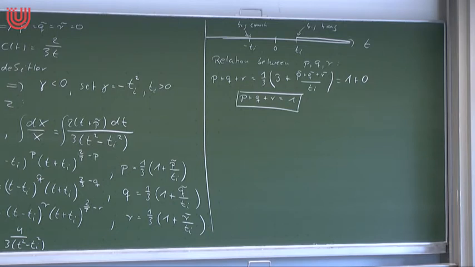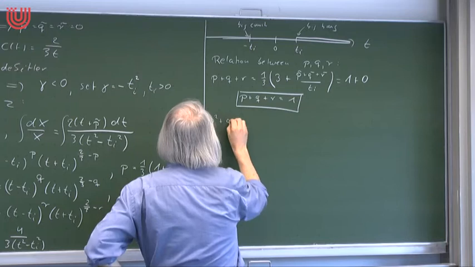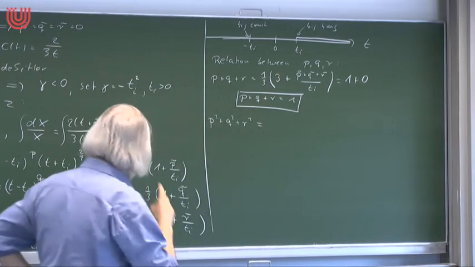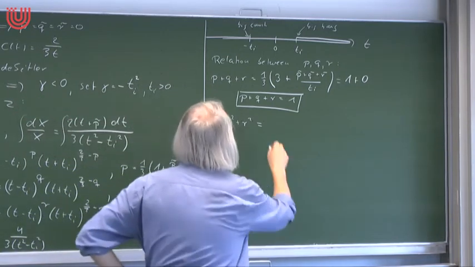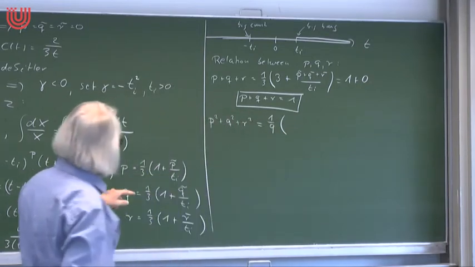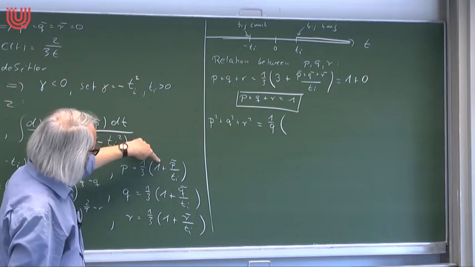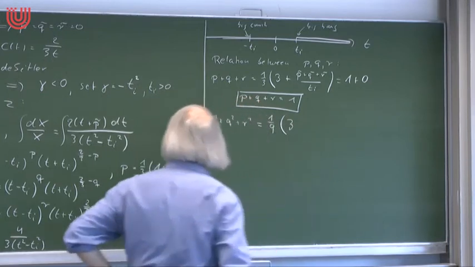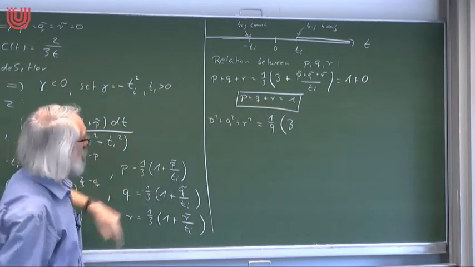And then we have to see what happens to the squares. P squared plus Q squared plus R squared. Then I have to square these things and then add them up. So if I square the 1/3, I get a 1/9. And then I get, when I square this term, it begins with a 1. This also with a 1, this also with a 1. So I get 3. And then the mixed terms, this gives 2 P twiddle over Ti.